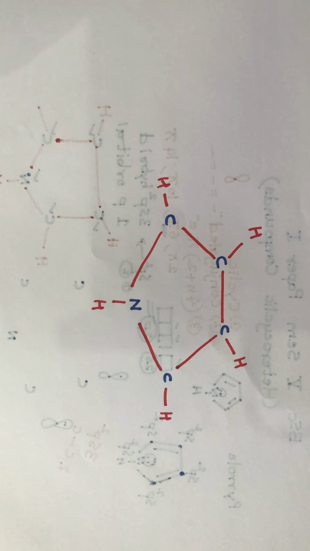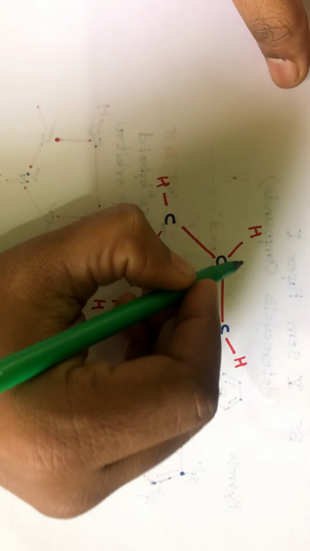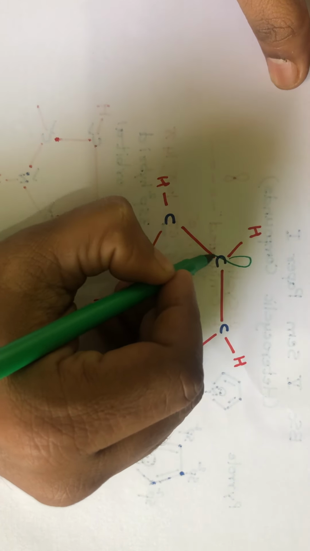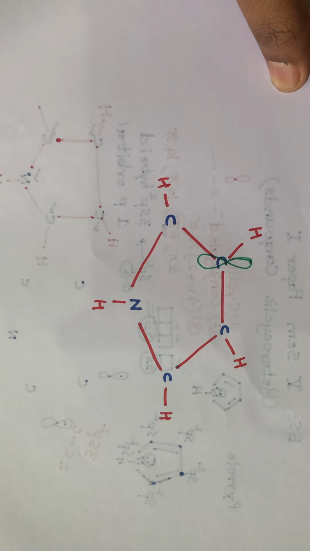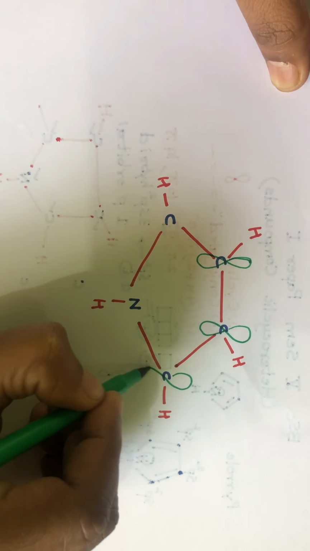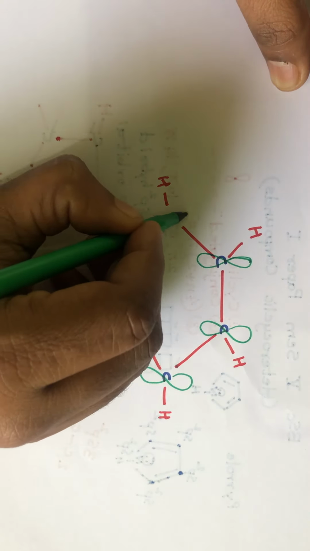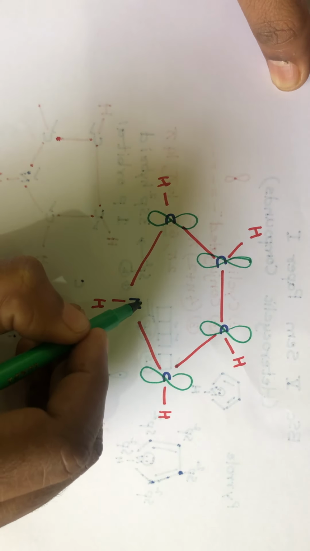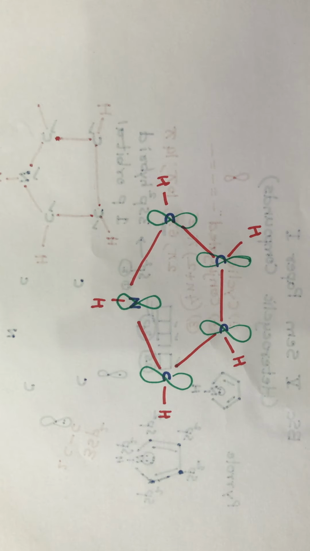Now, each carbon and the nitrogen atom has one unhybridized p orbital. I will just draw these unhybridized p orbitals. This is an unhybridized p orbital, this also, this also, this also has one, and this atom also has one unhybridized p orbital. We're getting this, right?